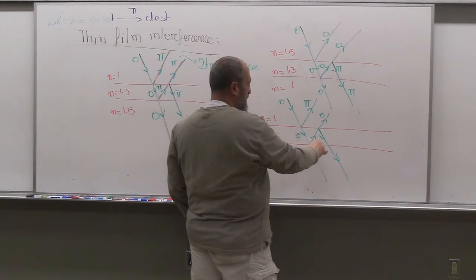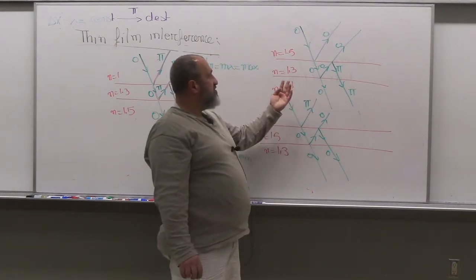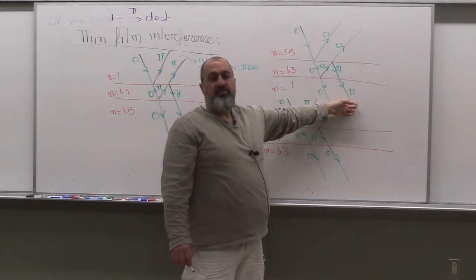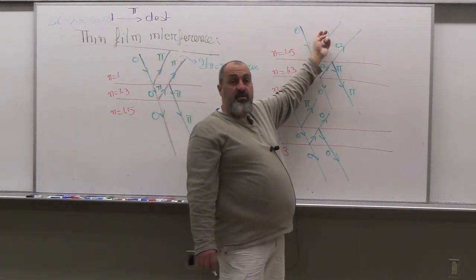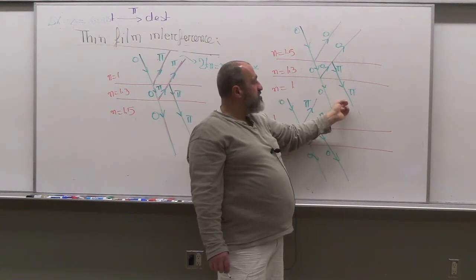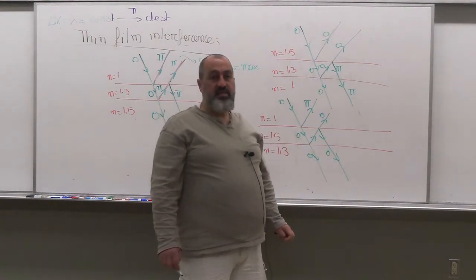Typically, if you have 0, 0 or pi, pi, there'll be a 0 pi down here. So if you're using condition number 1, 2tn equals m lambda is maxima, then you use condition number 2, which is that 2tn equals m lambda is minimum, or destructive interference.